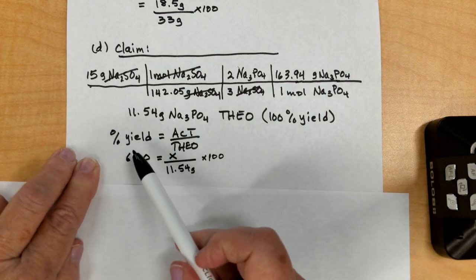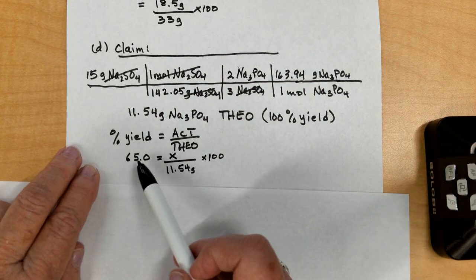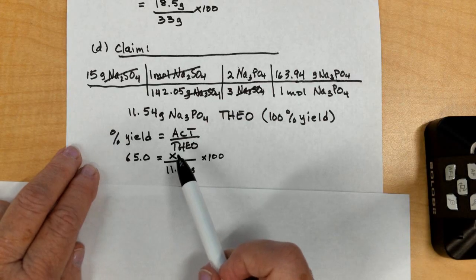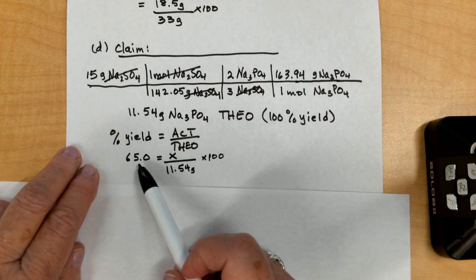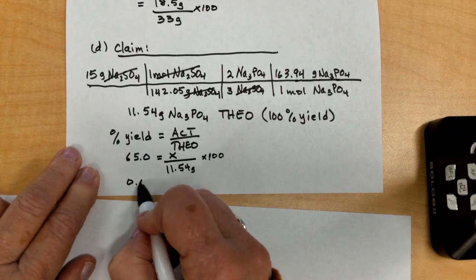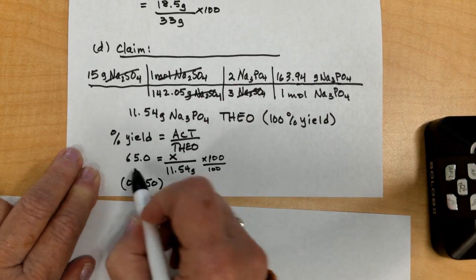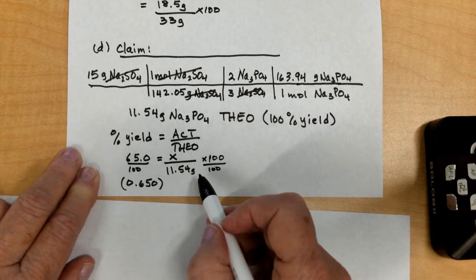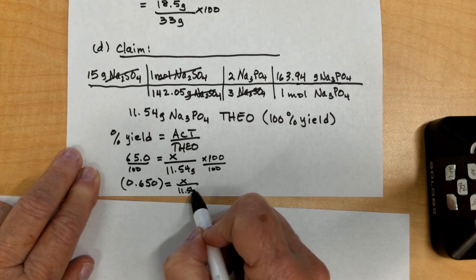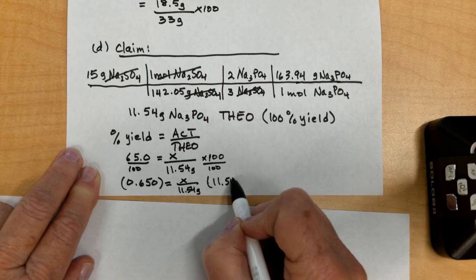So all you do is, they gave you, you're looking for the actual yield. How much of this will you make if you're only 65%? So it's just giving you the same formula. Now you don't know the actual yield, but you do know the percent yield. So solving this, you divide by 100, you get 0.650. I divided both sides by 100. And then we'll multiply both sides by 11.54 grams.